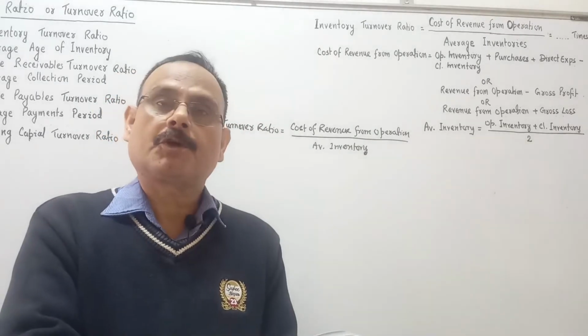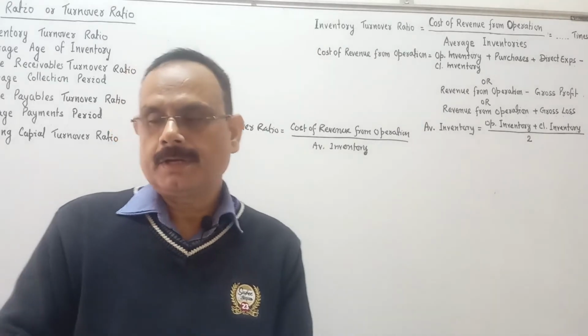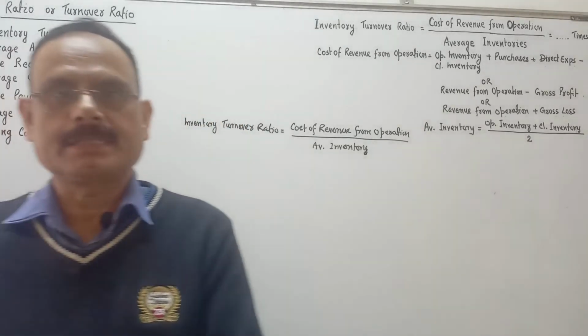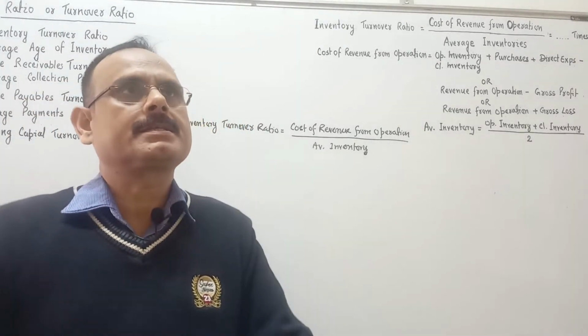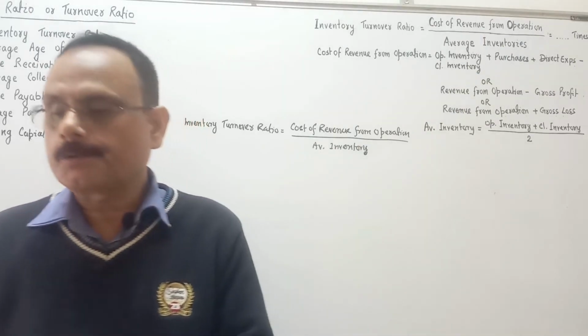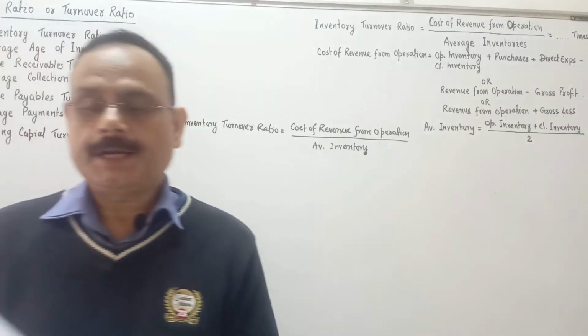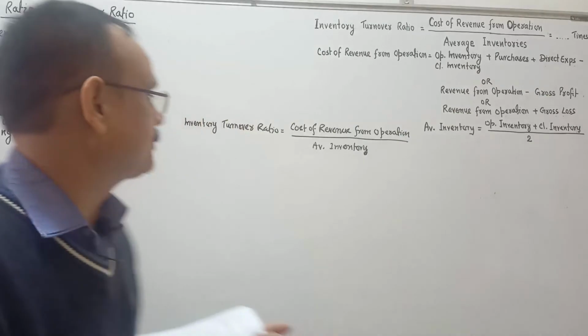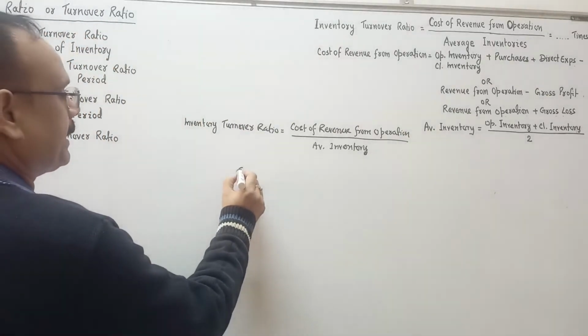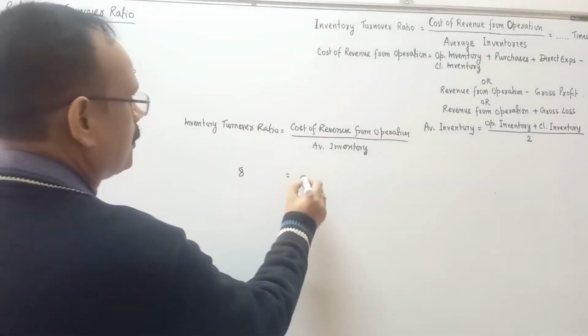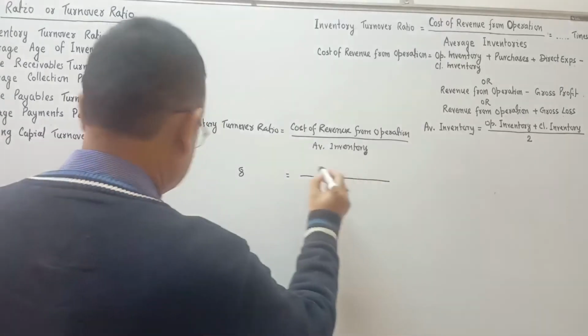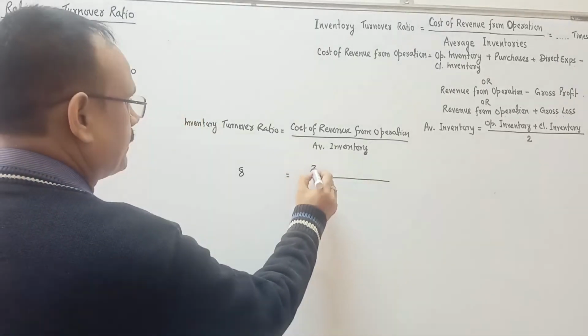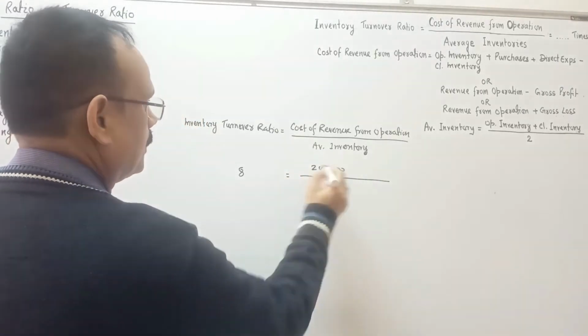Cost of revenue from operation is given, 2 lakhs. Inventory turnover is given as 8 times. Okay.